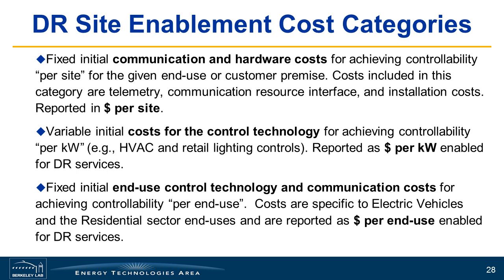It can communicate directly back to aggregator or provider. And the same thing with the residential sector, and in particular, the best example is programmable communicating thermostats. So that's an end use. We're not looking at enabling anything per kW.